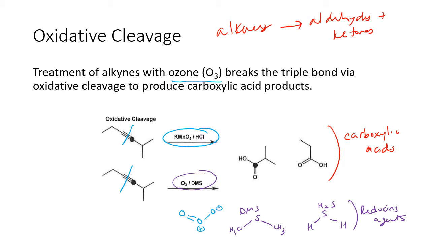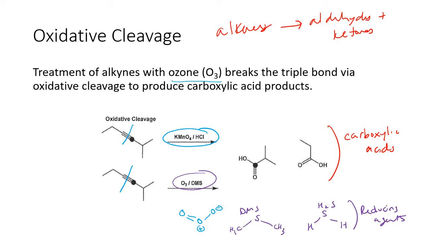Those are at a lower oxidation state, just like alkynes are a higher oxidation state than alkenes. We'll go into oxidation numbers and oxidation states more in general chemistry too, but you're going to want to know just for now that alkynes are higher than alkenes, and therefore their products are at a higher oxidation state than alkenes would be.